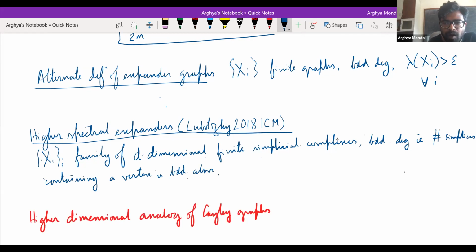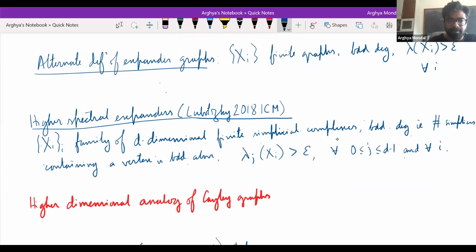And also you want this lambda j of X i, this guy, to be bounded below for all j between 0 and d minus 1, and for all i. So this is the definition of higher spectral expanders.